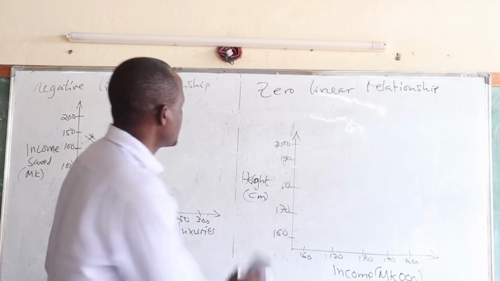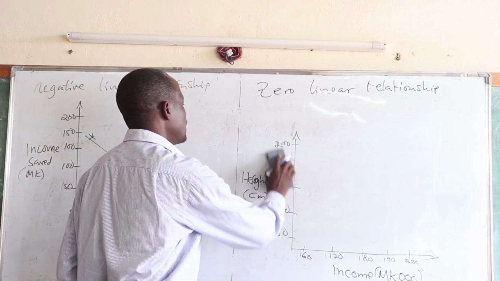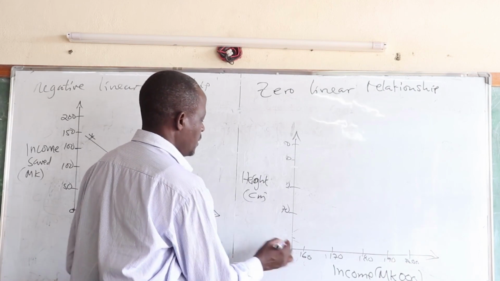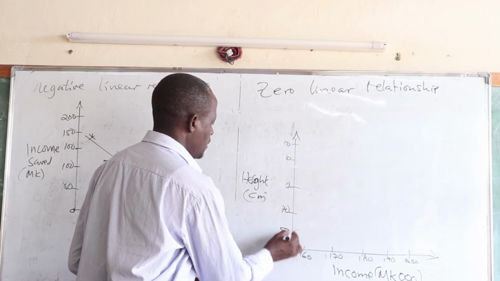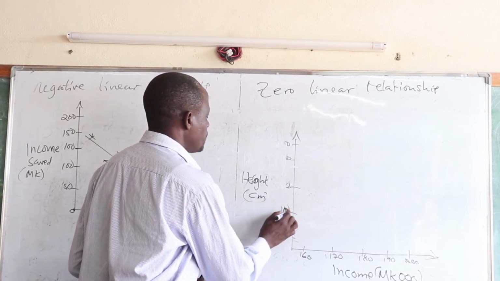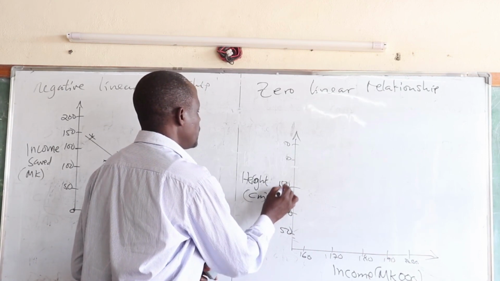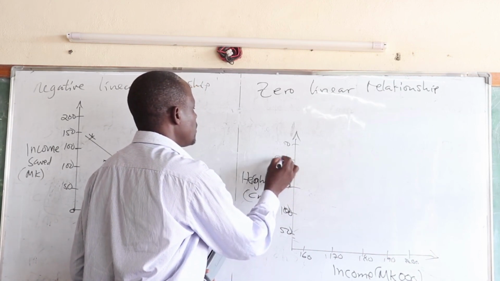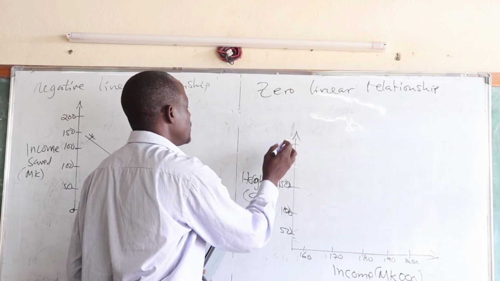So height of an individual in centimeters, you talk about 50, 100, 150, and then 200 in centimeters.